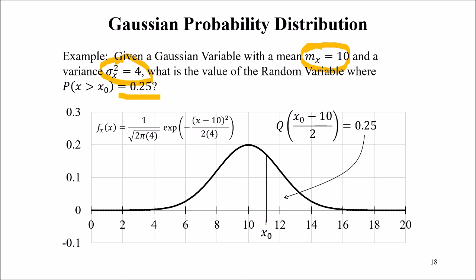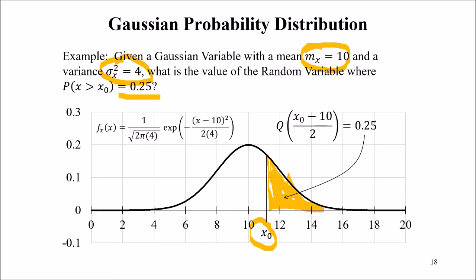I'm looking for the value of x naught so that the probability that x is greater than x naught is equal to 0.25. So I want the value of x naught that would give us the area under this curve equal to 0.25.